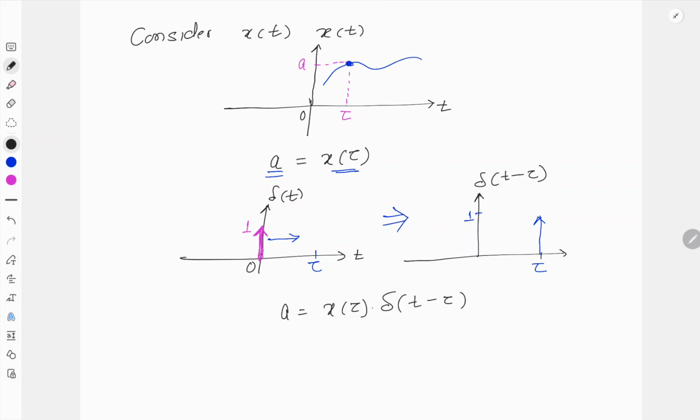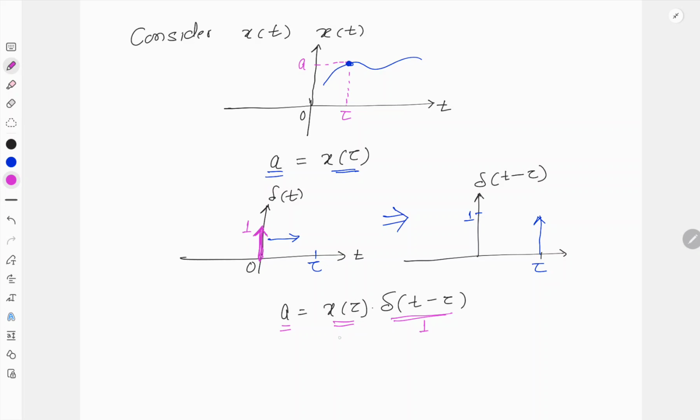Here x of tau will be the corresponding amplitude of the x signal at time equal to tau, and this impulse function which is shifted at tau will have amplitude equal to 1. So this equation will not change the value, which is amplitude a. So we have represented a single point on this x of t signal in terms of impulse function.